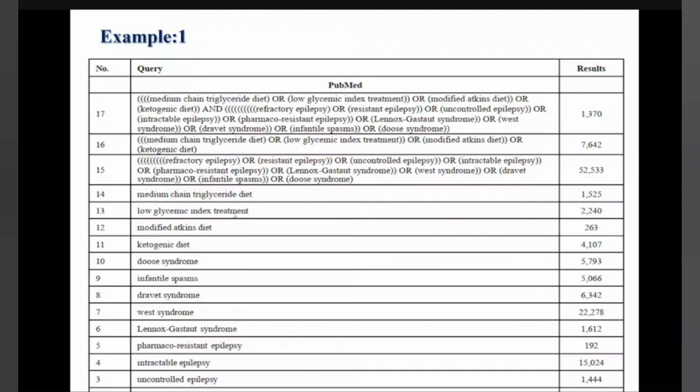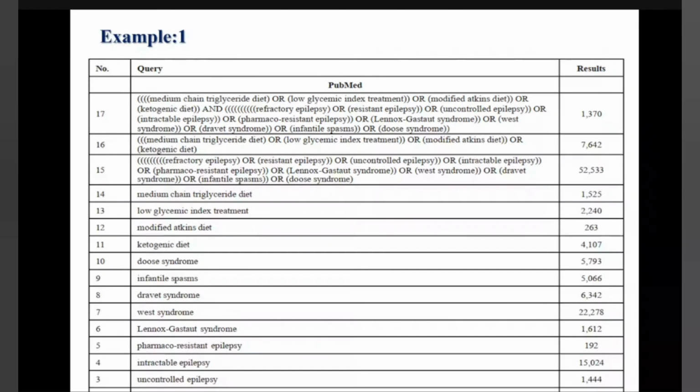Few people may say epilepsy, some may say refractory epilepsy or Lennox-Gastaut. There are certain synonyms of every disease. So we need to add all the synonyms of that specific disease so that no evidence is left out.